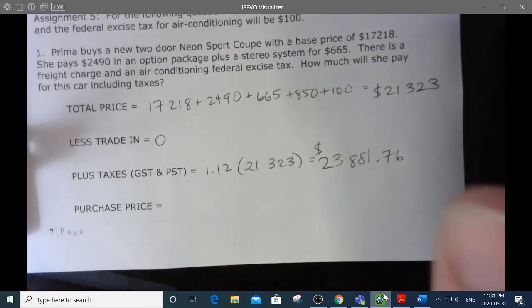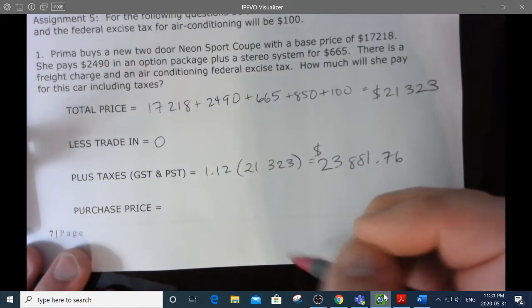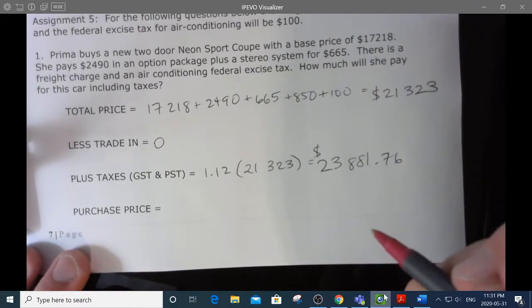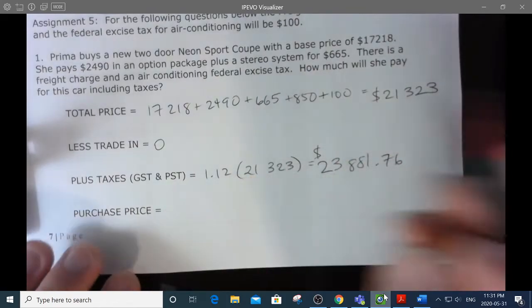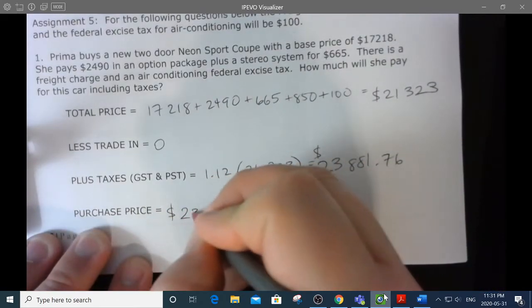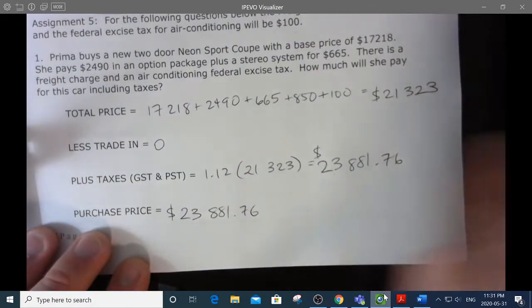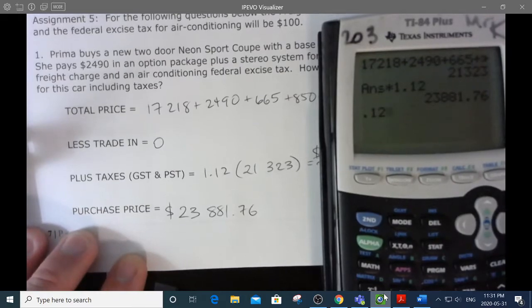And finally, the purchase price is, oh, sorry, it wanted the actual taxes and then the purchase price. Oops, my bad. So actually this number goes down to here. This is the number they want there, 881.76, and actually they want to know what 12% of that is. So 0.12 times 21,323.